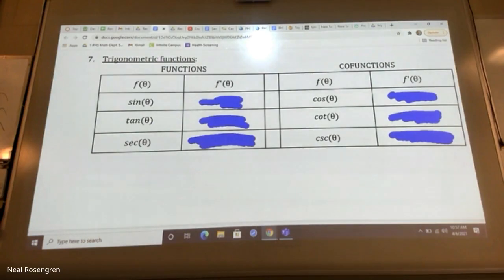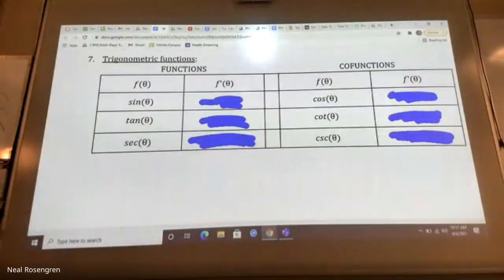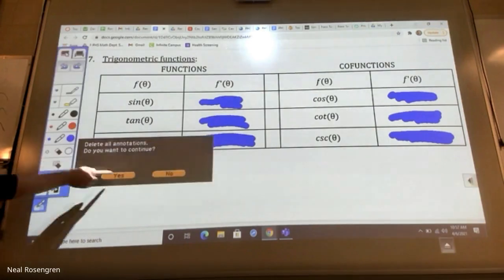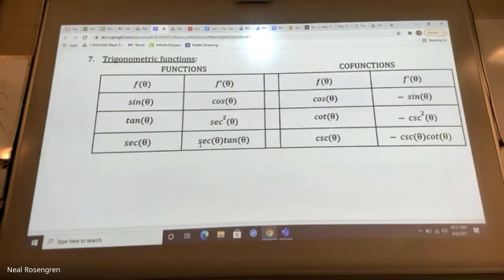We don't know enough yet, because this is rule number 7. You do not know rule number 6 yet. That's the next one after the quotient rule. We'll do that tomorrow. And then there's 8, 9, 10, and 11 after that. So this quiz is far out. If you would like to take a picture of this and put it somewhere nice to look at, I think it's organized in a way that's easy to read.